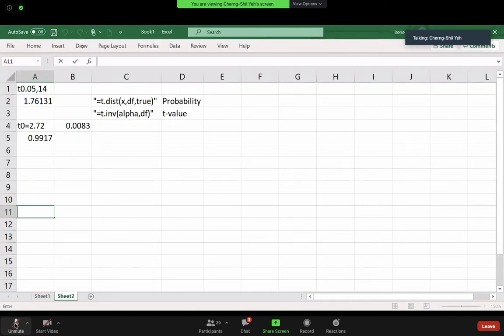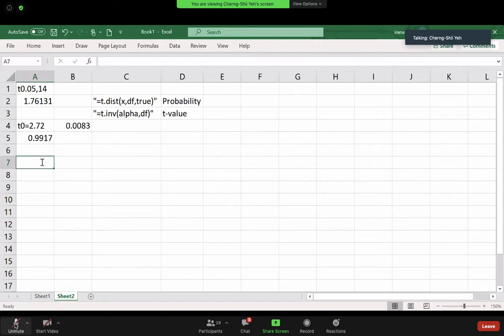I want to take 1 and subtract the cumulative probability below 2.72. So here, equals 1 subtract. How do we derive probability? Look at this one here. This is how we derive probability.